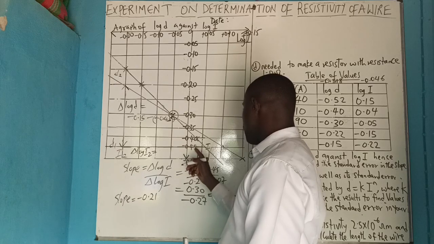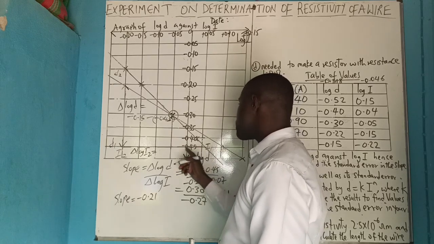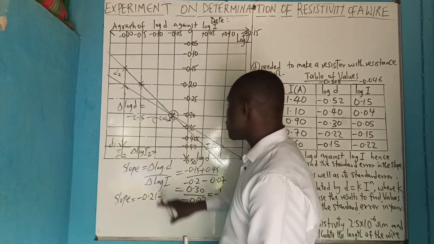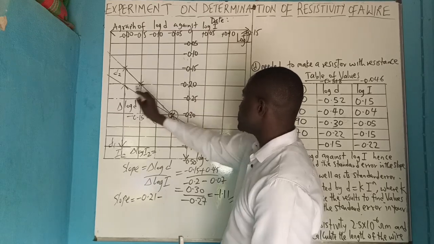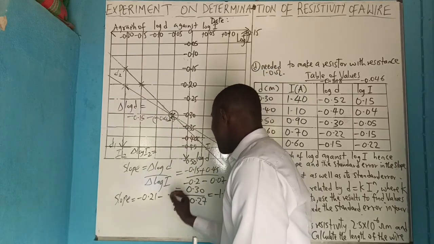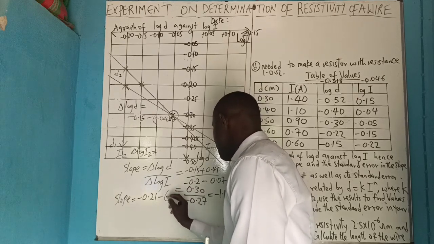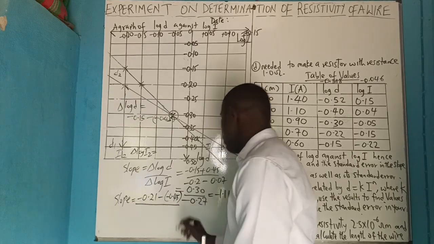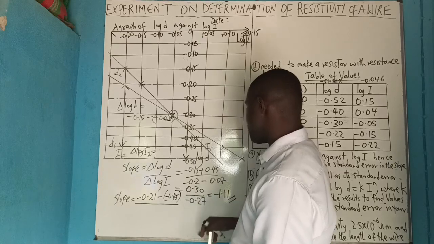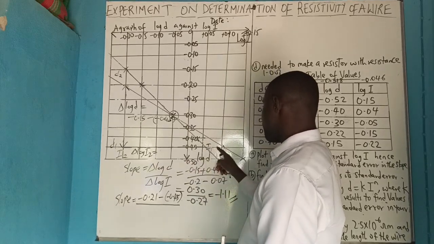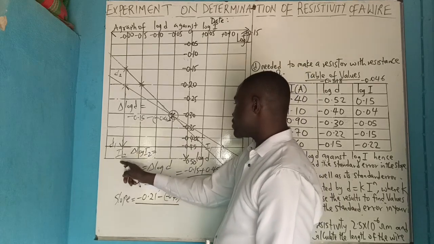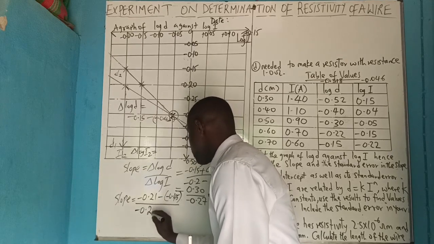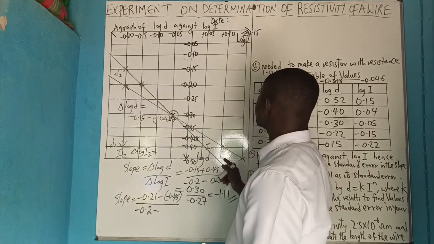Then this one will be minus 0.45. So once I write minus 0.21, this point, then I will say minus bracket minus 0.45, all over, what is this one? Here is minus 0.2 minus, then what is here?